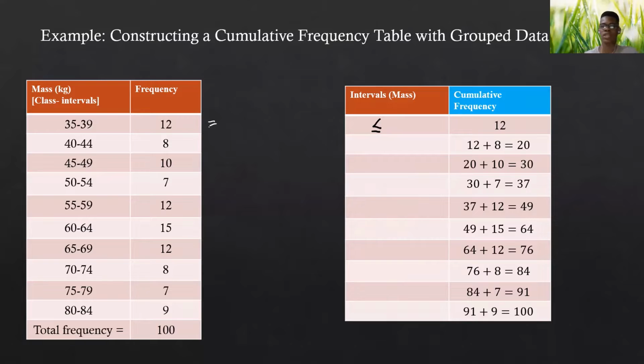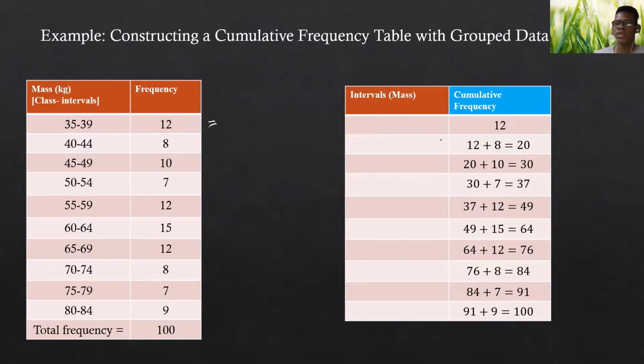With ungrouped data, we just attach that less than or equal to sign to the observation. Now you don't do the same thing here, so you don't expect to just put less than or equal to this. This is a group and it's not telling you anything. It's not very useful to do that.